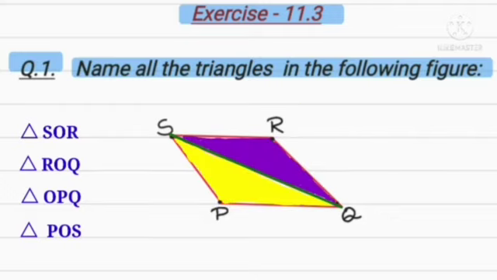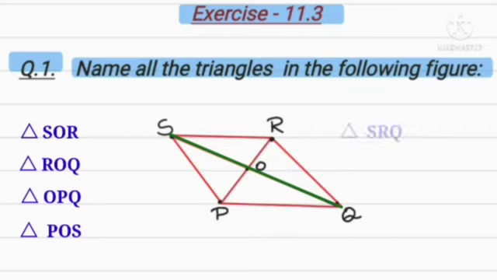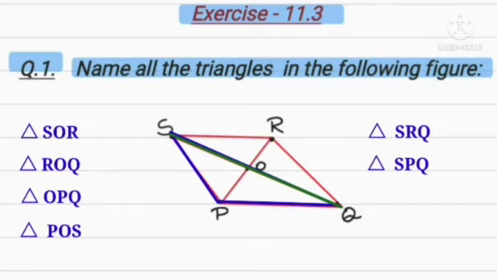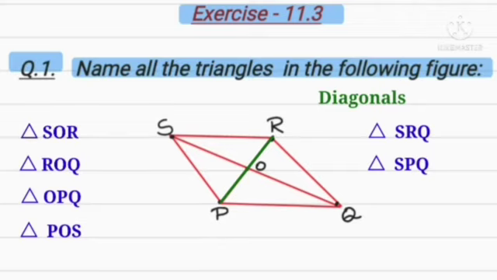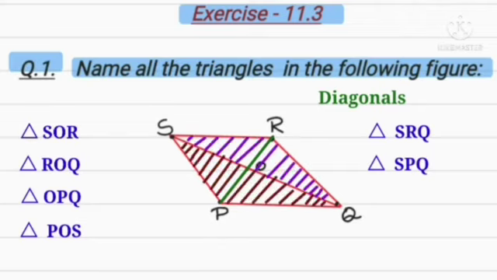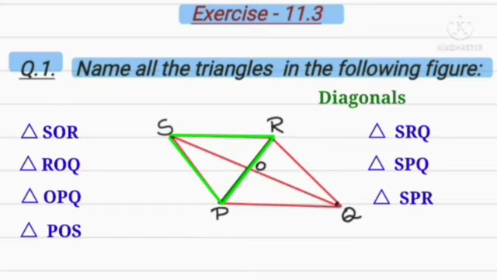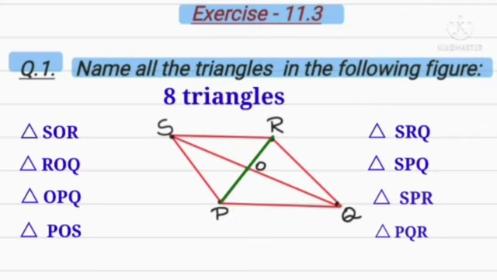See the names, triangle SRQ and triangle SPQ. Now see the diagonal PR. It also divides this quadrilateral into two triangles. That means triangle SPR and triangle PQR. So in total there are 8 triangles.